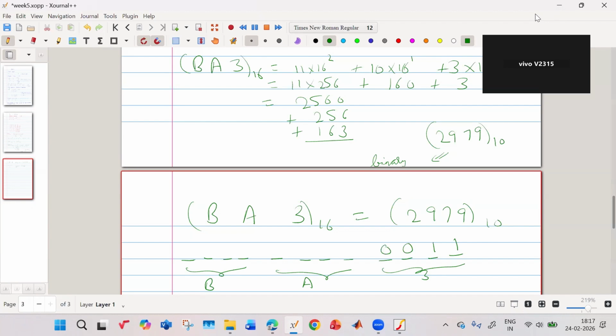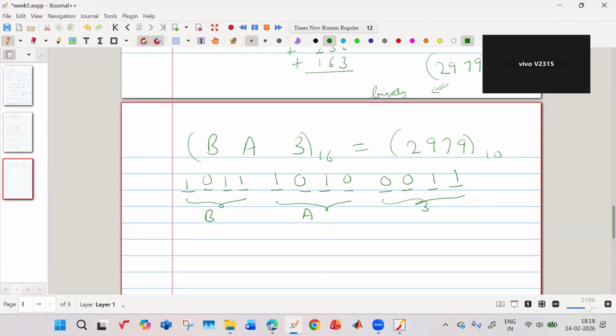A stands for 10, so it is 1010. And B stands for 11, so it is 1011. So if I give you 1011 1010 0011, this is the binary representation.